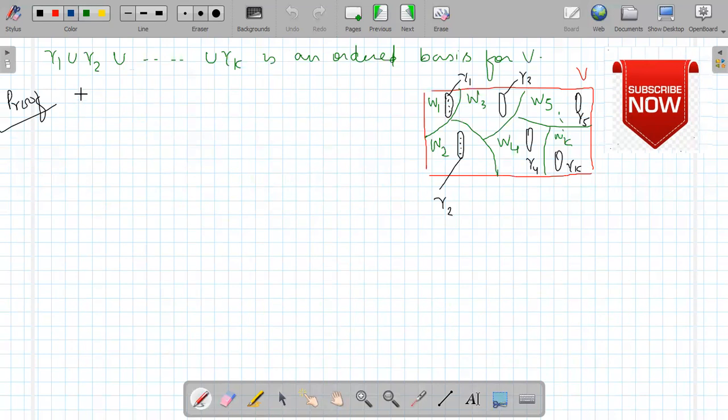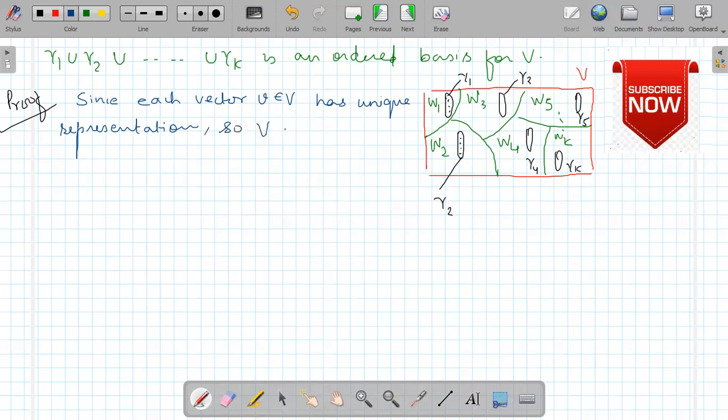So we write here, since each vector v belonging to V has a unique representation, V is equal to the direct sum of W1, W2, and Wk.